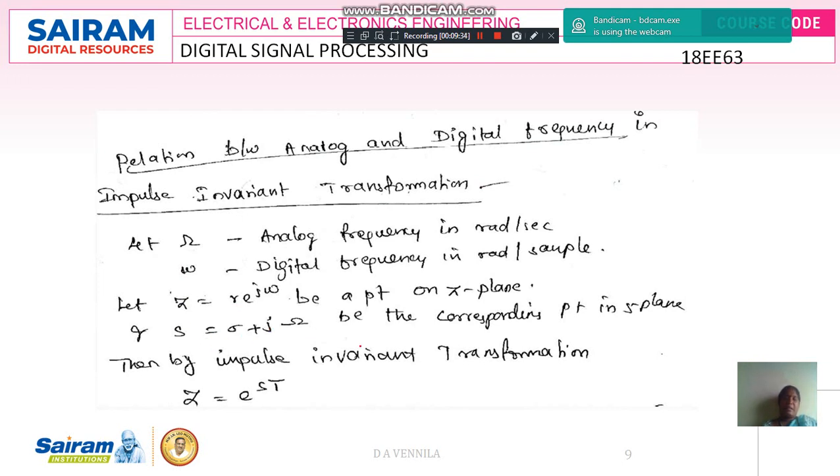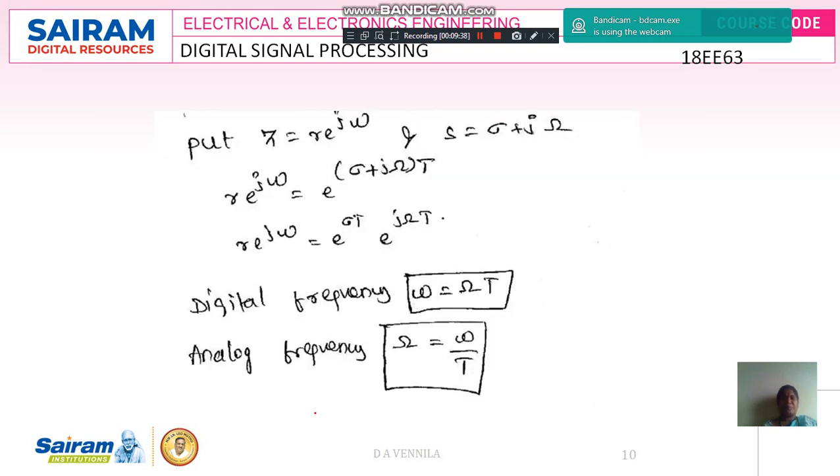By the impulse invariant technique, this is the relationship between the z transform and the Laplace transform. If you substitute z equal to r e power j omega and s equal to sigma plus j omega, you will get the digital frequency and analog frequency. So this is about your impulse invariant technique. If you want to find the digital frequency using the impulse invariant technique, omega equals omega T.